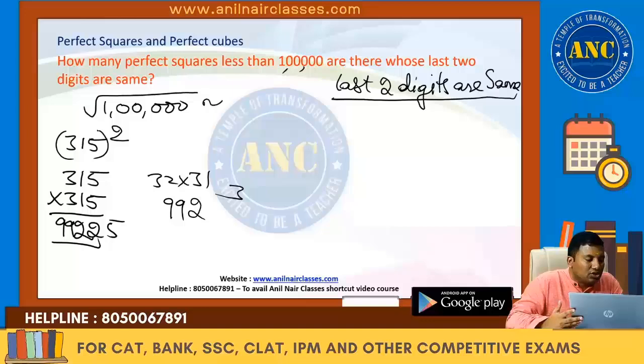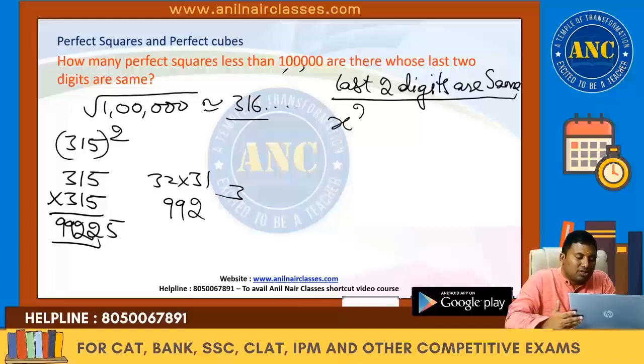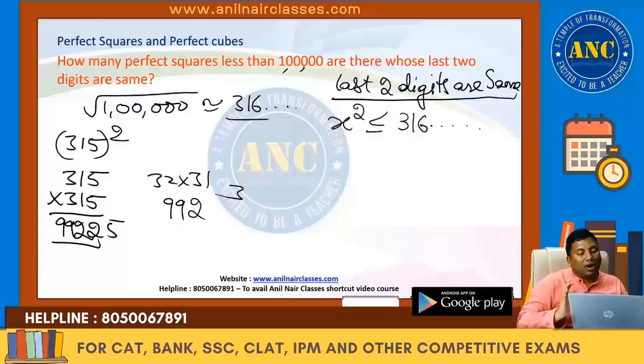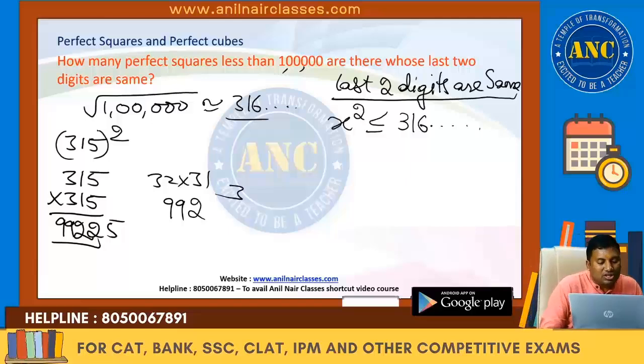That means it should be around 316 point something. So my perfect square should always be less than or equivalent to 316 point something. The nearest perfect square to 1 lakh is 316 point something.